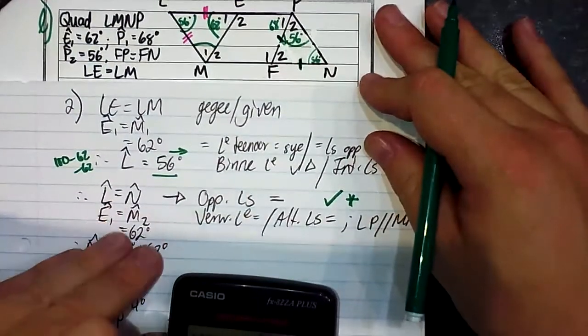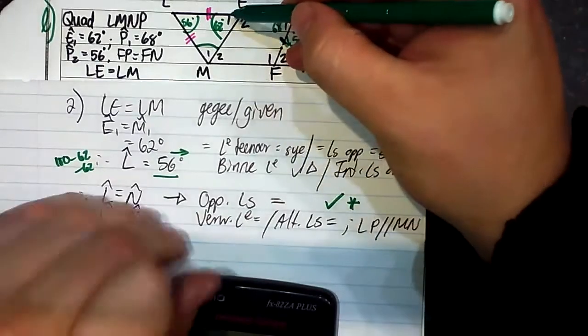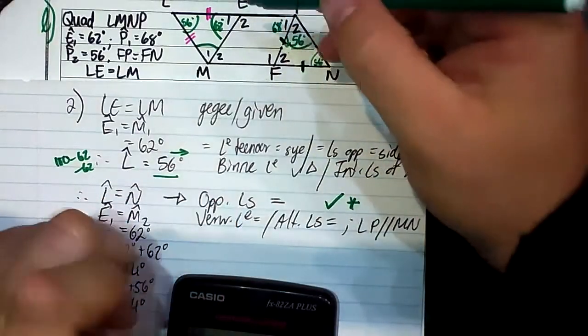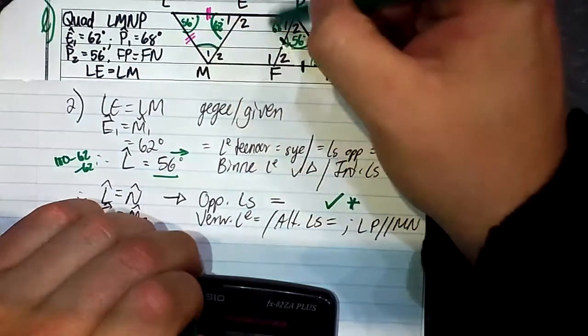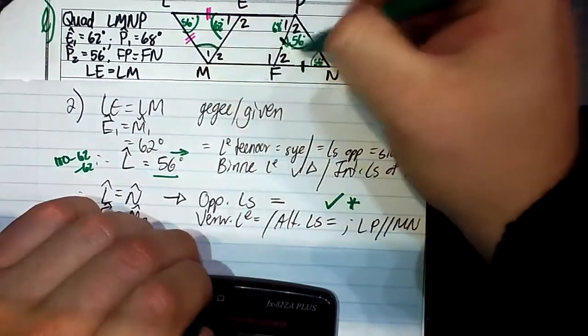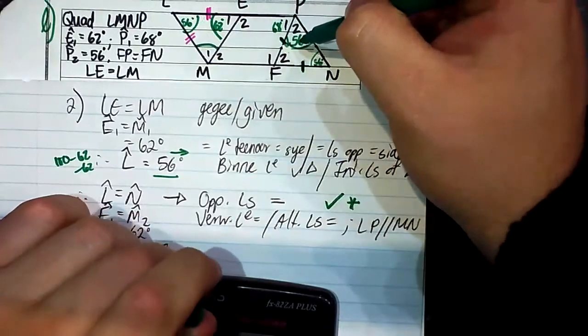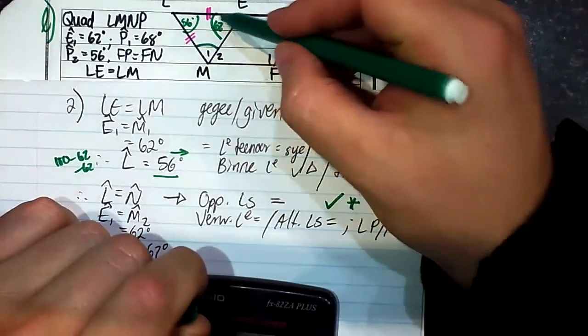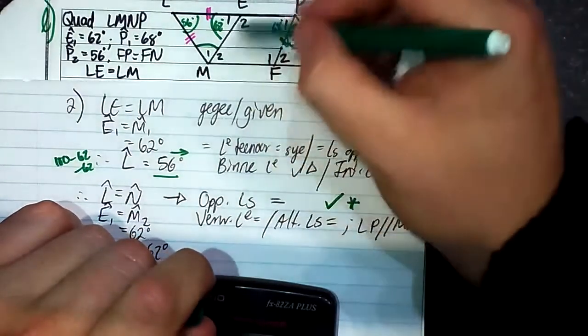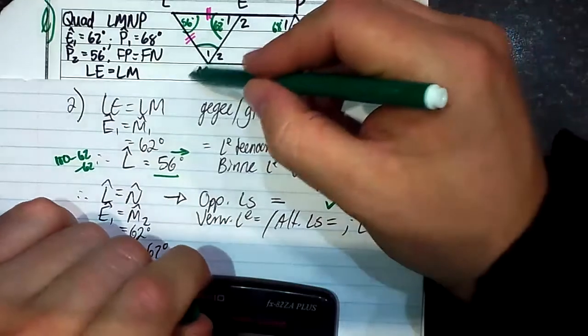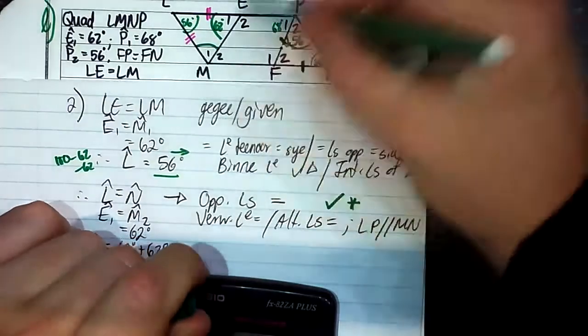Okay, now E1, the purpose now is to prove that this angle is equal to this angle. Agree? Okay, so E1 is a point on the parallel line and ME is the transversal. Nou 'n snylyn.